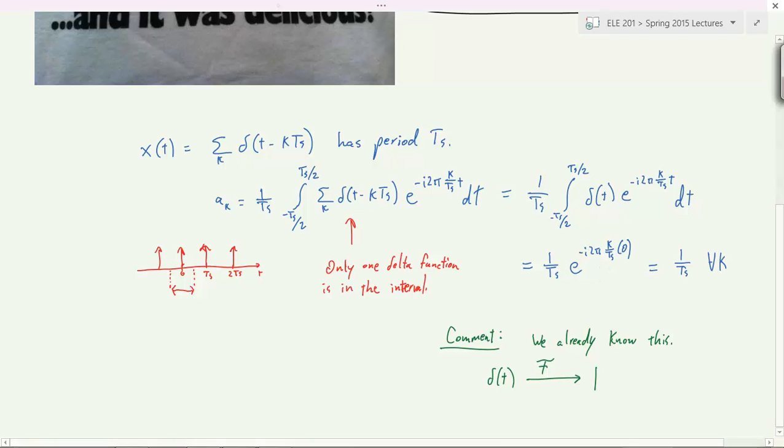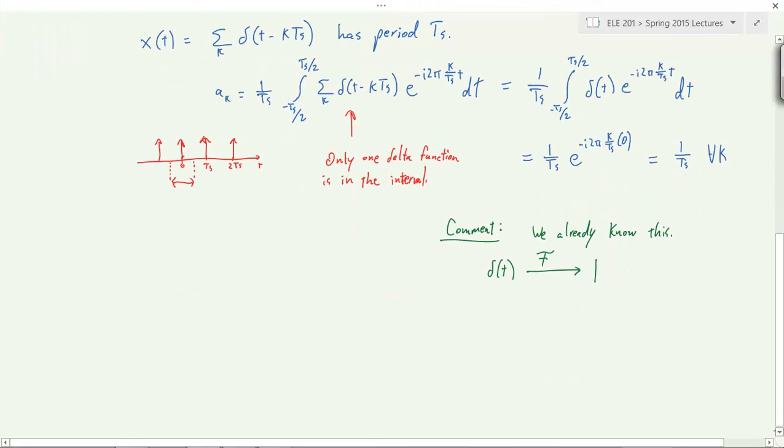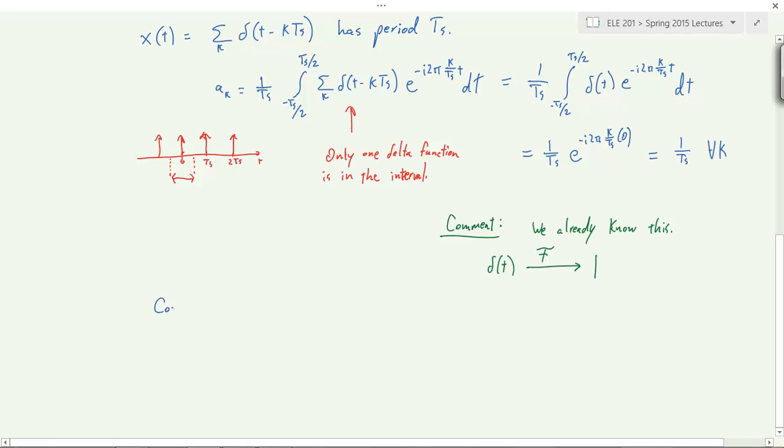Okay. So the last step to do what we set out to do here is to say that let's convert this continuous time Fourier series to a continuous time Fourier transform. We had a discussion about that a few weeks ago. We said that Fourier series you can interpret as a Fourier transform by making the coefficients be delta functions. Okay?